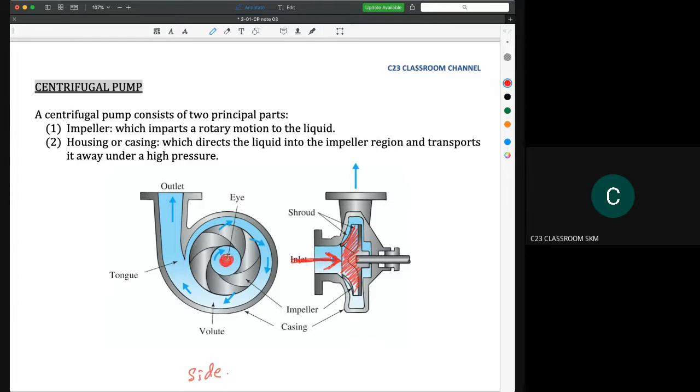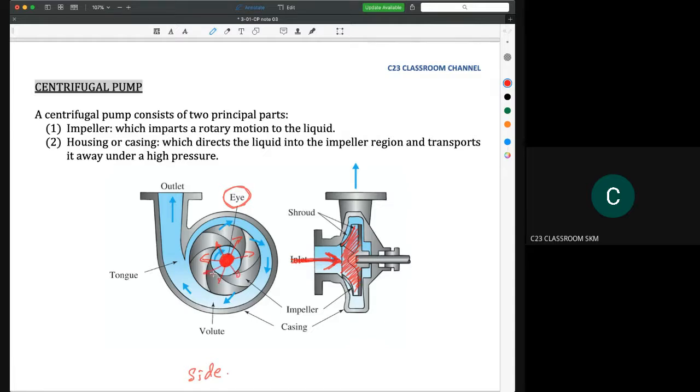We call this point where the inlet water comes in the eye, E-Y-E, an eye. So water will flow here, and then water will enter into the blade here.